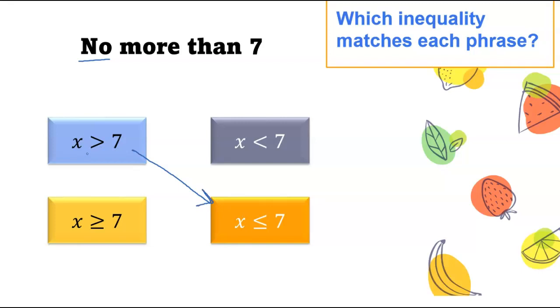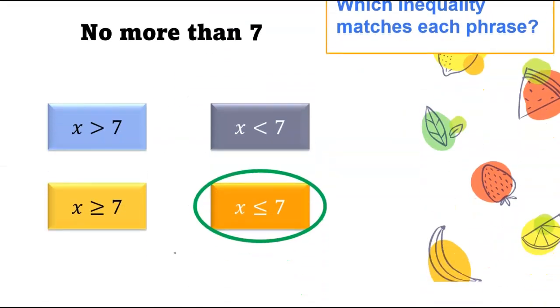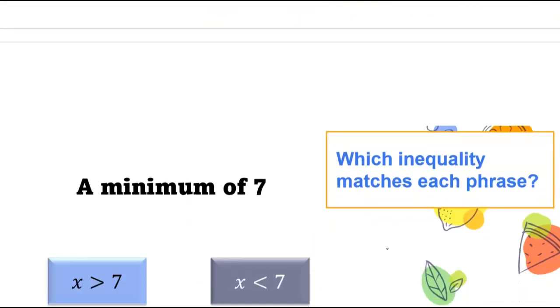See, everything that isn't greater than is going to be less than or equal to. See how this one doesn't include equal? So this one includes all the opposite numbers. So no more than 7 is going to be less than or equal to 7. There we go.